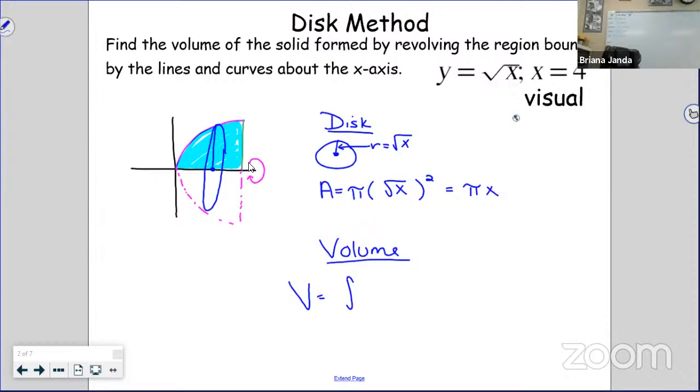stacking from left to right, the farthest left we start stacking those circles is 0, the beginning of our shaded region. Out to the farthest right that we'll stack those disks will be to the edge of our shaded region, which is 4, right? Came from the second line they gave us there. Fill in the area of one disk, and we are stacking up along our x-axis, so with respect to x.